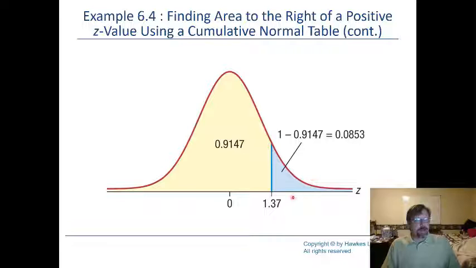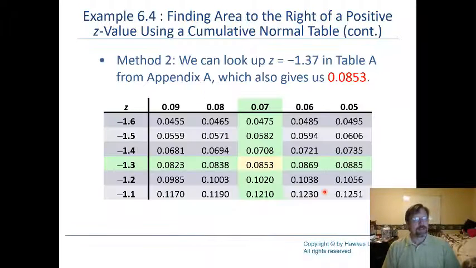The other thing we can do is look up negative 1.37 on the table, because the curve is symmetric, so that negative 1.37 should have the same area out here as 1.37 does out here. If we took this and folded it in half, those two would line up, so those areas have to be the same. And sure enough, at negative 1.37 we get 0.0853.